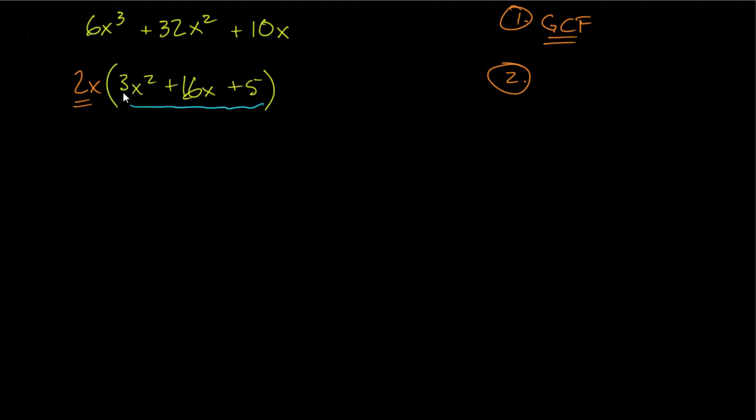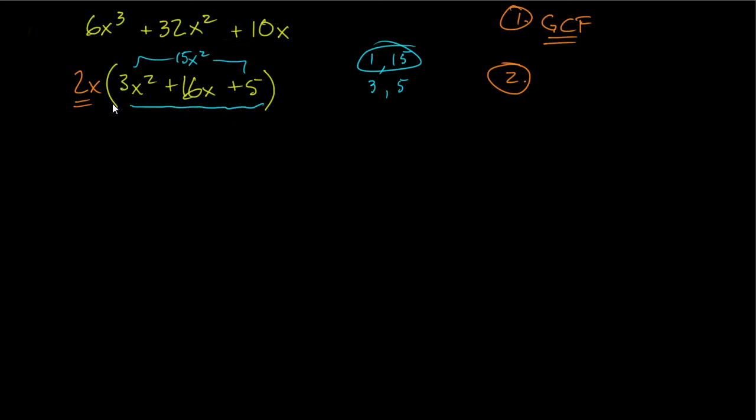So I'm going to multiply 3x squared times 5, which gives me 15x squared. And I'm looking for numbers that multiply to 15 and add to 16. So I have 1 and 15, 3 and 5, and they have to add to 16. So 1 and 15.